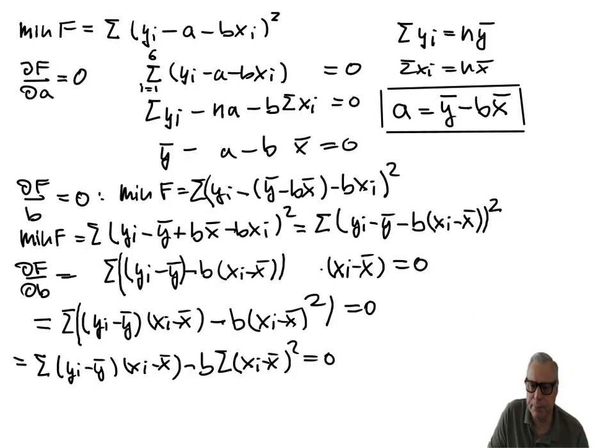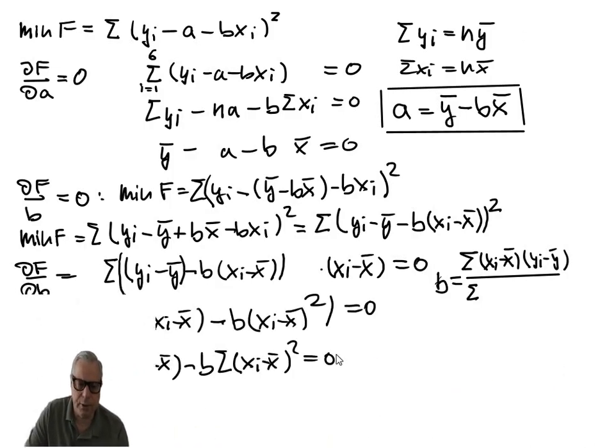So if we solve for b, I have to now be careful with the space on the slide, we get the sum of xi minus x bar times yi minus y bar over the sum of xi. Okay, so it's already run out of space here.